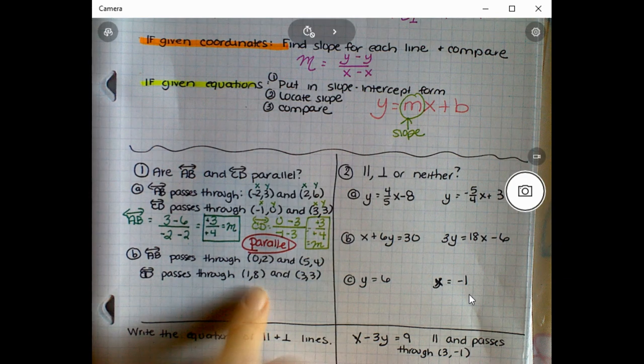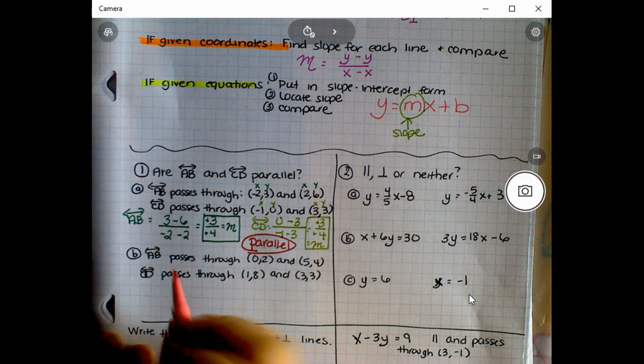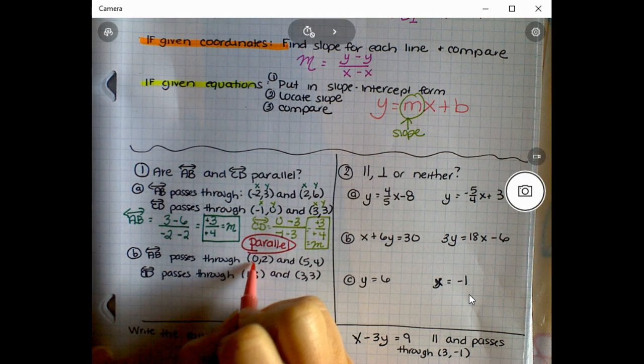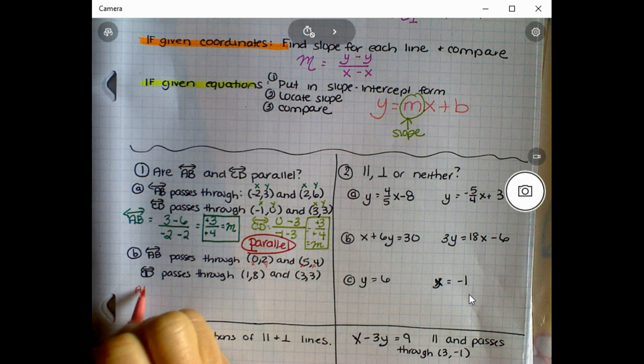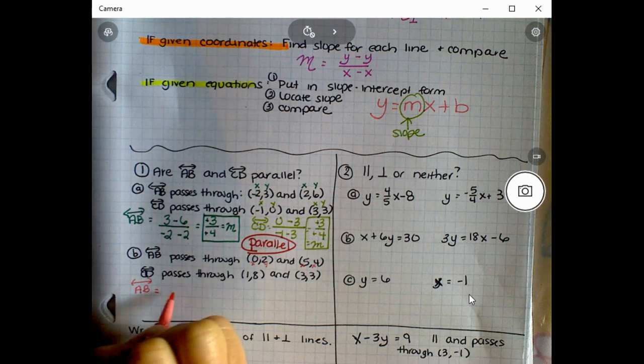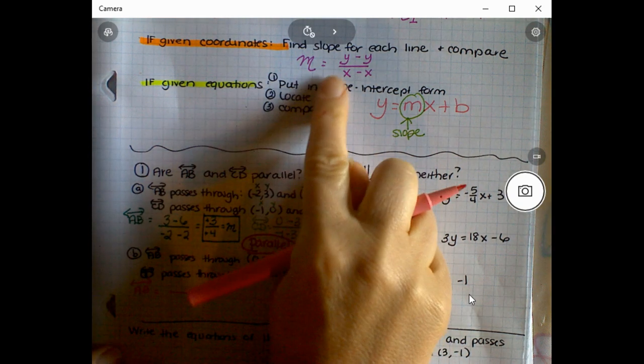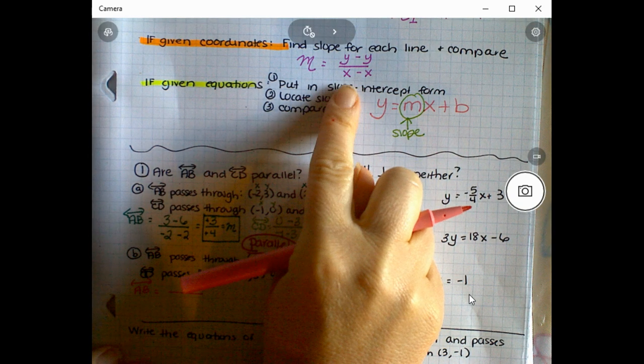Here we go. For AB, we're given 2 points. We have x, y, x, y. So for AB, we're going to use that slope formula from up here. Y minus y over x minus x.